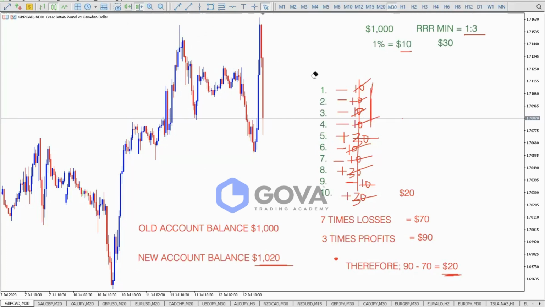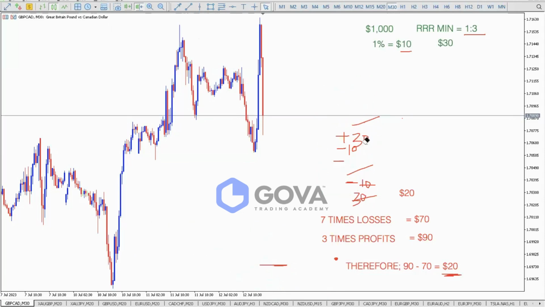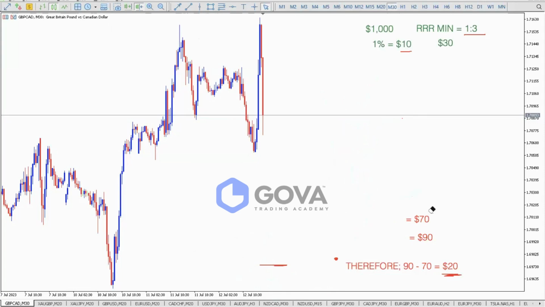I can only change it after doubling the account, maybe from 1,000 to 1,500, or from 1,500 to $2,000. Then that is the time you can decide to change the risk. But without doubling the account, don't change the risk. Stick with the risk you are taking until you double the account.